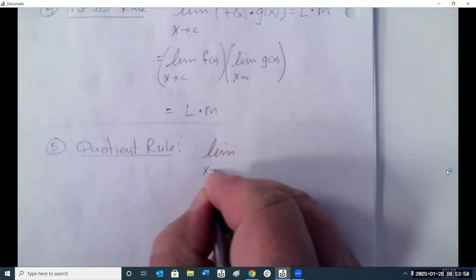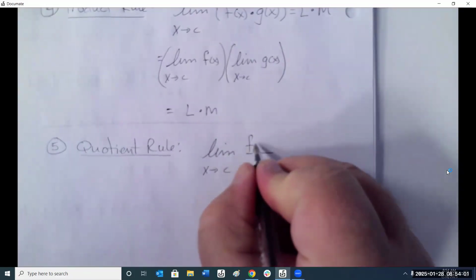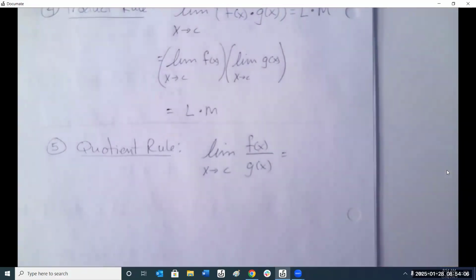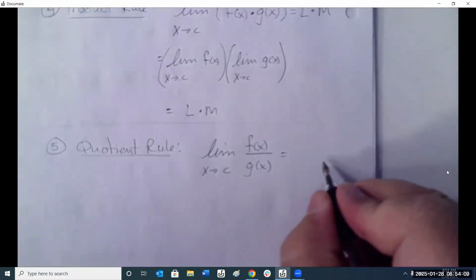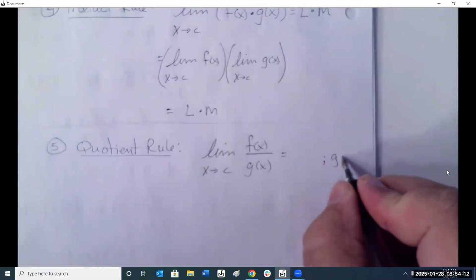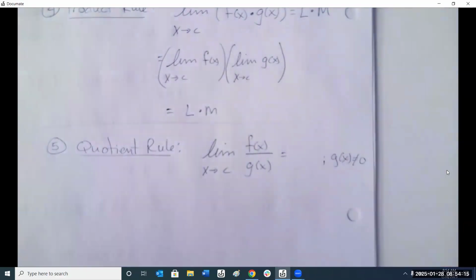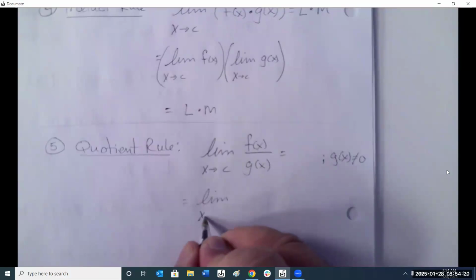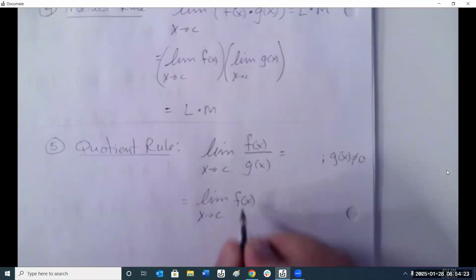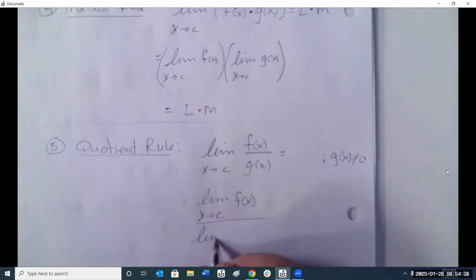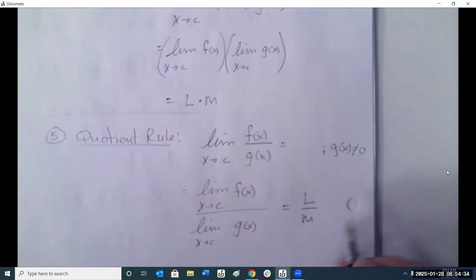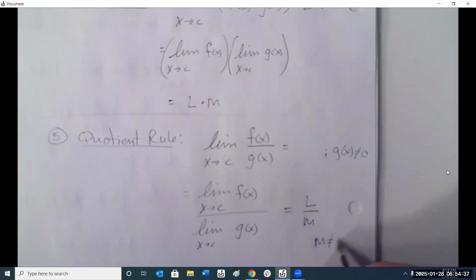The limit as x approaches c of f of x over g of x, but as long as g of x does not equal 0. We can take the limit of the top divided by the limit of the bottom. That equals L over M as long as M does not equal 0.